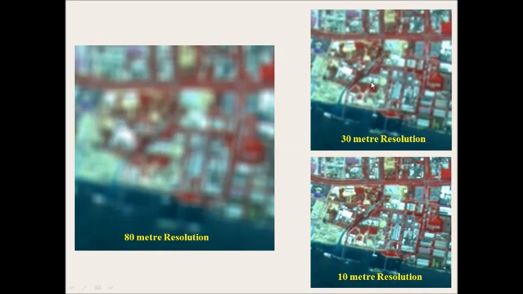Now if this image is taken at a 10 meter resolution, the size of an individual pixel is 10 by 10 meters, and for each of these 10 by 10 meter pixels we have different digital numbers or reflectance values, and the quality of the image has drastically improved.